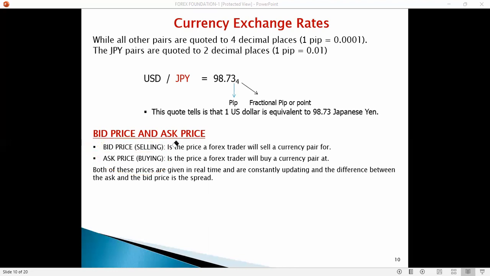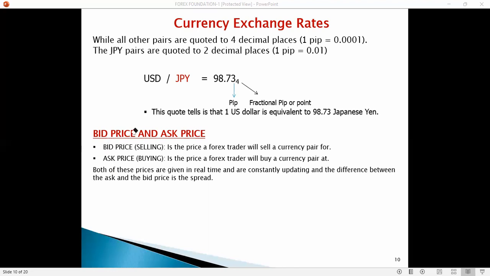I've had a series of questions from people about this. Why is it the other way around? People used to say ask price is when they're asking you to buy from them. Of course it is, but a lot of people say it shouldn't be so, because it's the other way around.